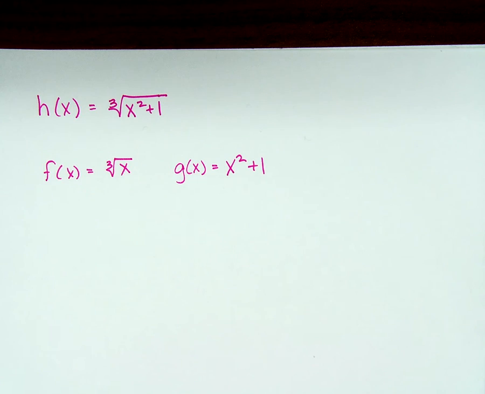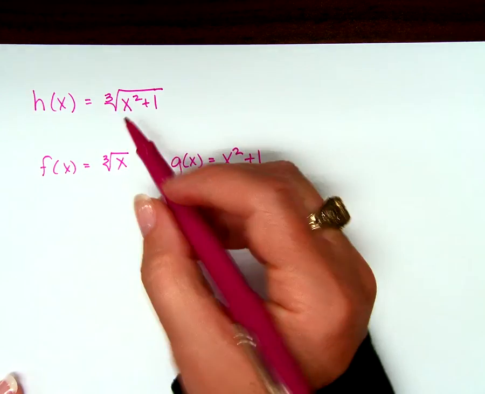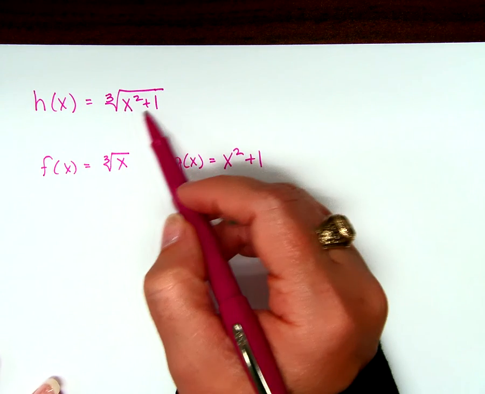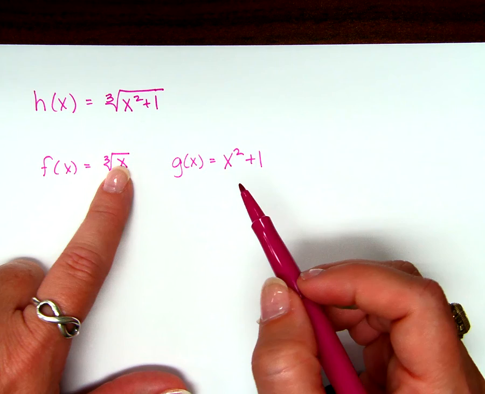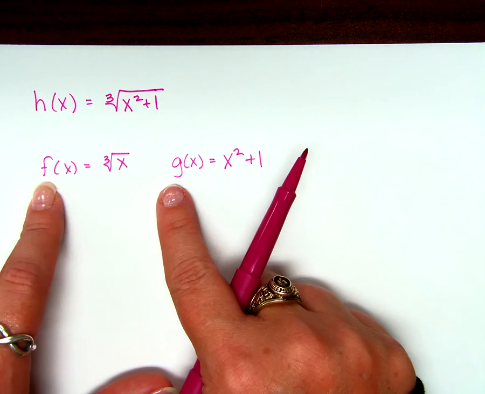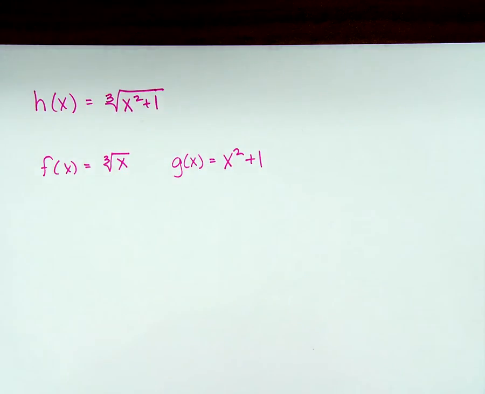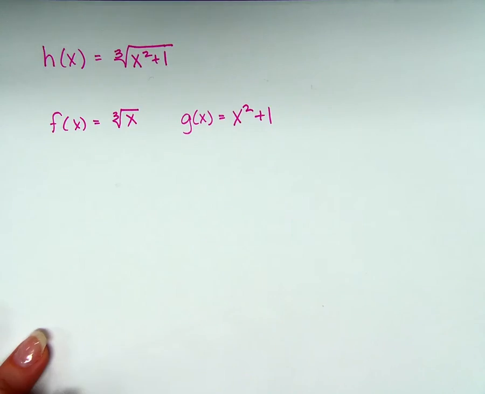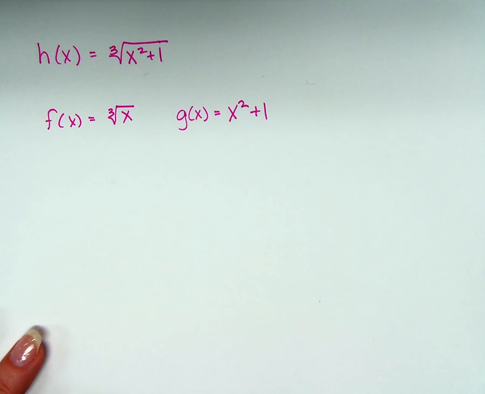That is pretty logical to see that if I take the cube root of the thing inside, if I make this one the cube root and I make this the thing inside, to go find the composition f of g of x, I will get h of x. Does that make sense? Now, could I do that for g of f of x also? Well, that wouldn't be the same thing anymore, would it? So we're mostly just talking about one directional composition of functions.